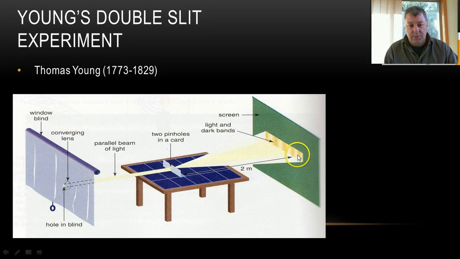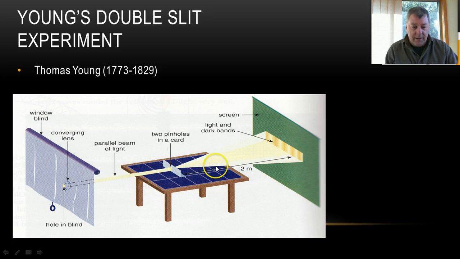He was very quick to observe that. That's exactly the same sort of pattern that you get with sound in terms of loud and soft, or water waves in terms of nodal and antinodal areas in a wave or a ripple tank. And so that's categorical evidence of light being a wave.